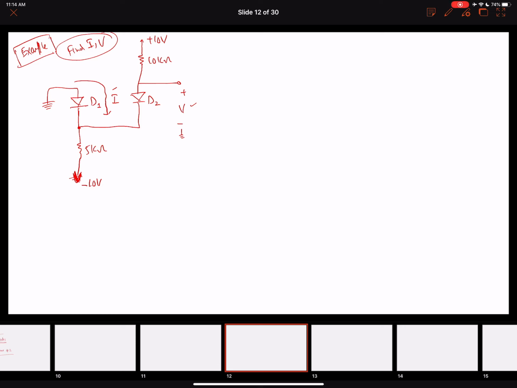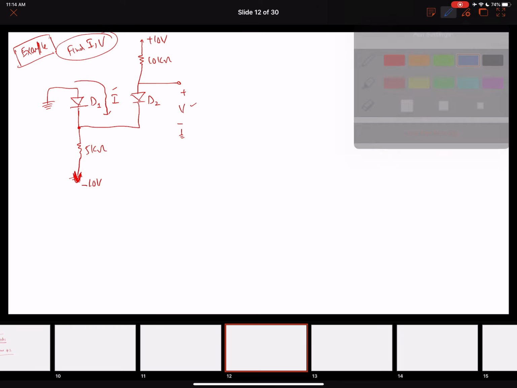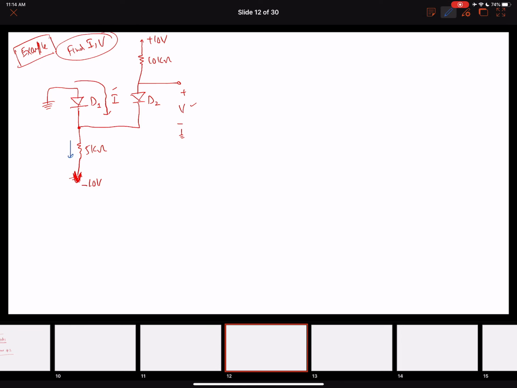In order to make our life a little easier, I'm going to call this my I naught, and I'm going to say the current that flows through this branch will be ID2. Whenever you are solving these circuits, the way that we solve it is, first we make an assumption on the diodes.